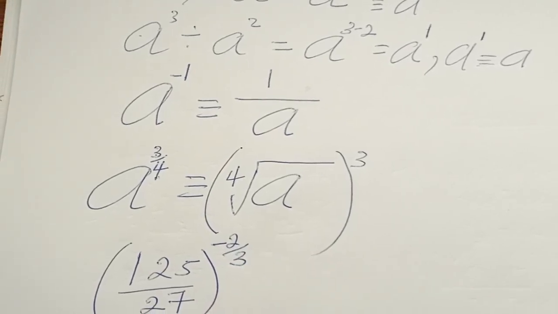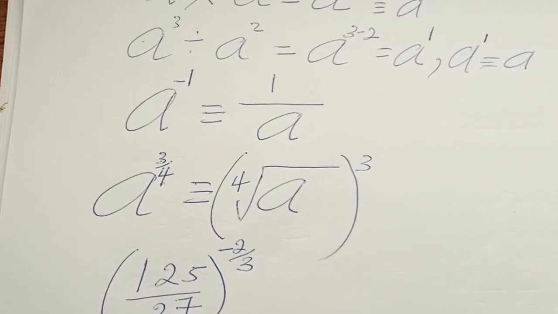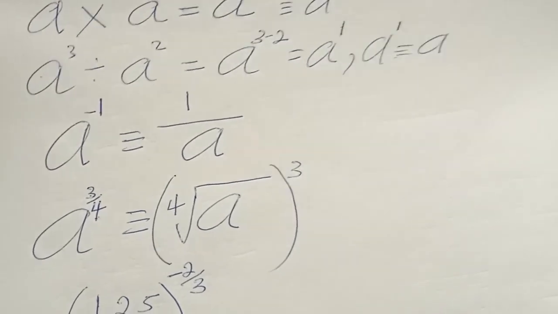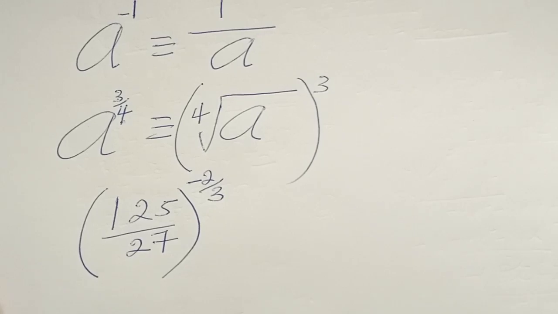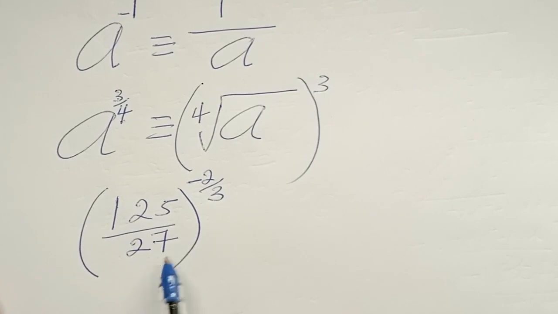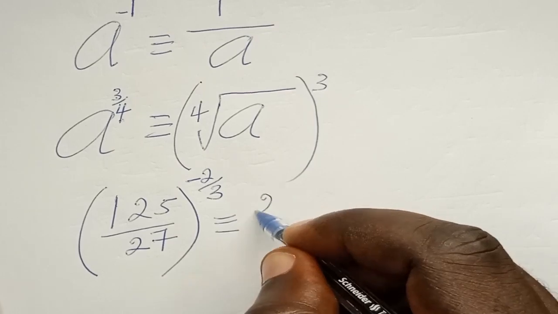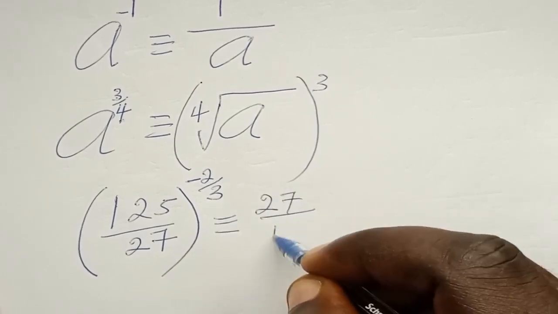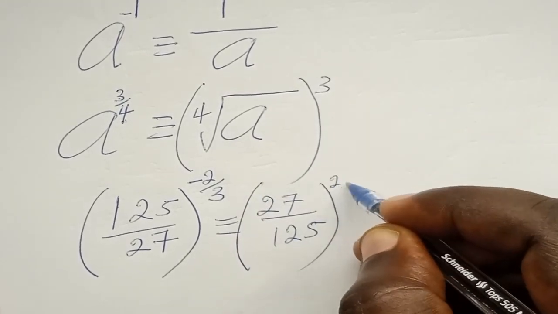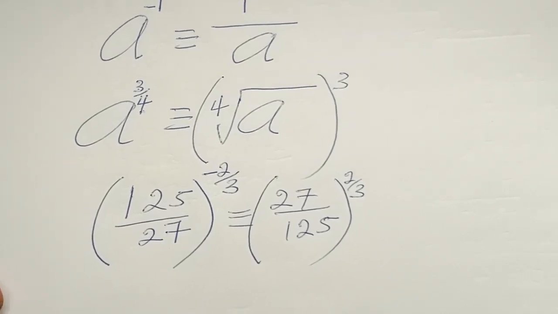In this case, we are going to change the power to a positive sign, and when we do that, we make sure that we invert the particular fraction. In this case, 27 here is going to go up, 125 is going to come down, then the power is going to be positive. This is the same as 27 over 125, then power positive 2 over 3 without the negative sign. That is the next case.